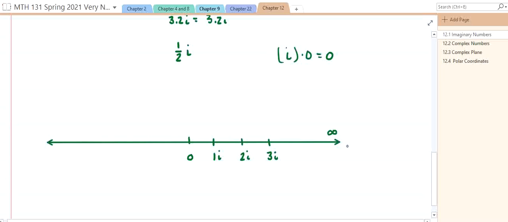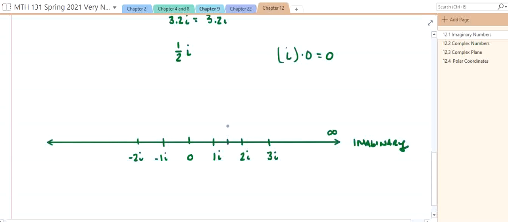But this is our imaginary number line. It's not the real number line, it's the imaginary number line. Minus i, minus 2i, and so on and so forth.